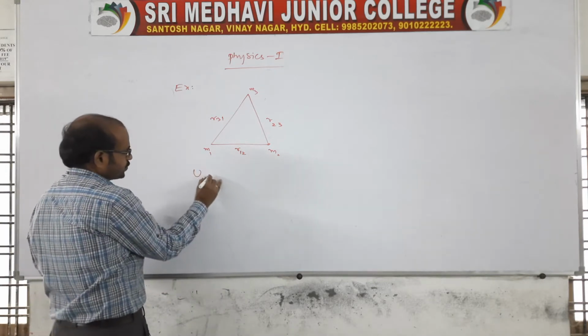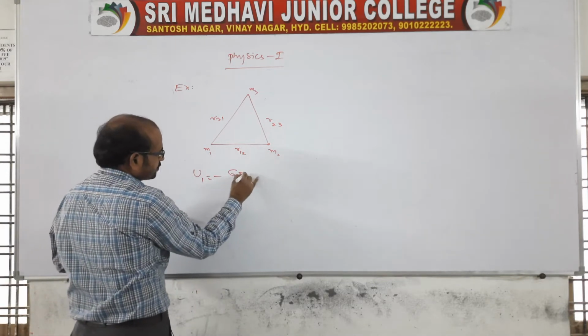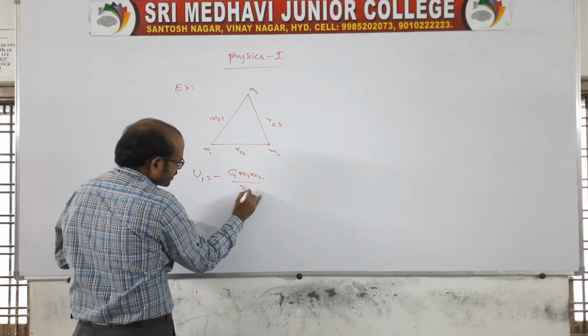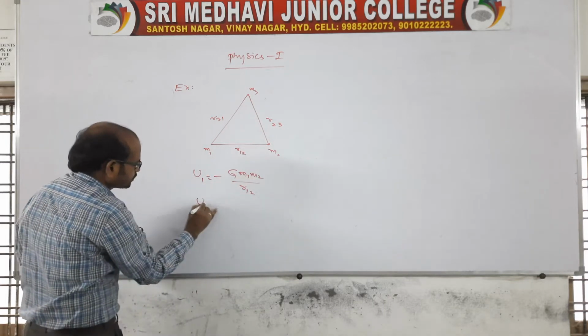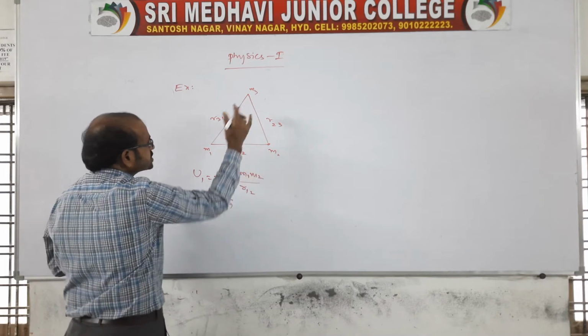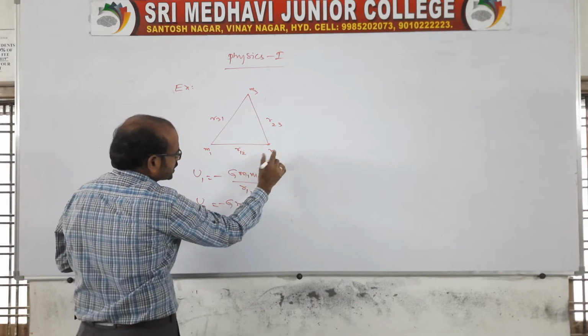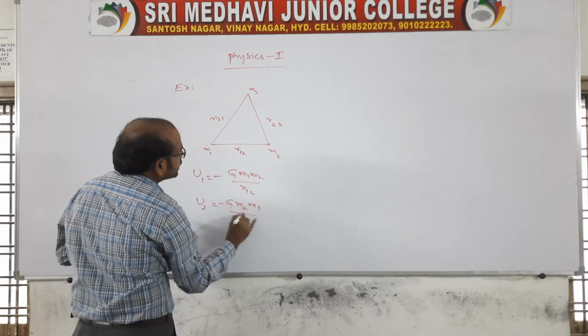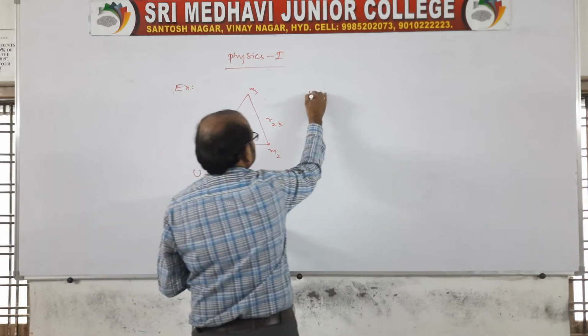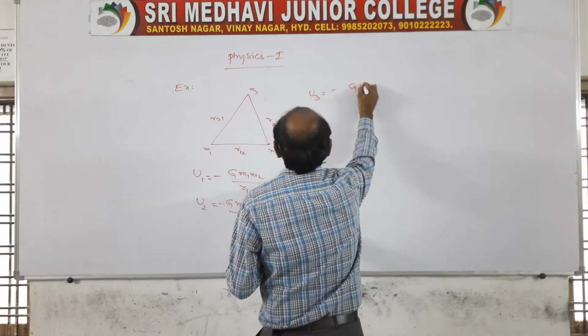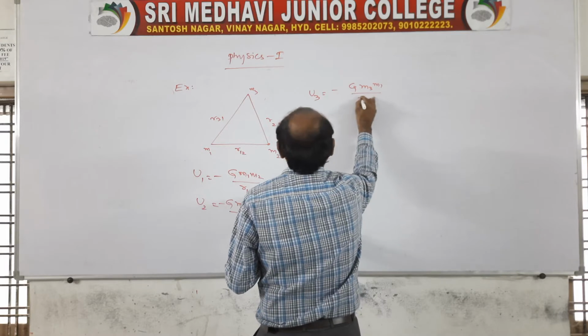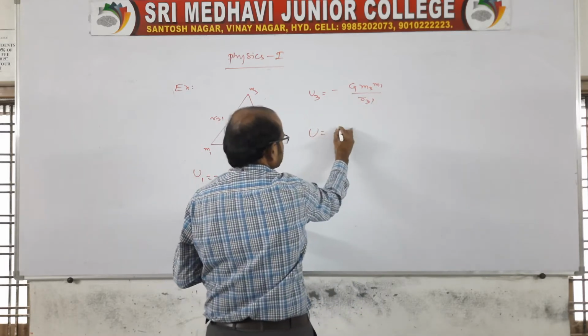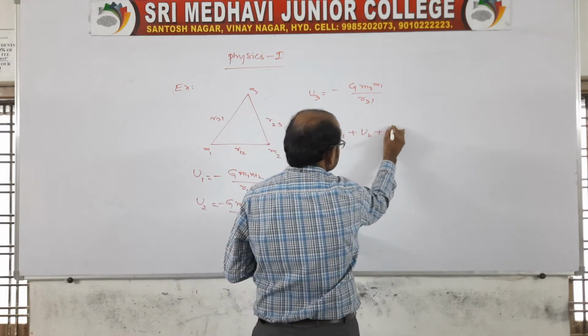So between these two, U1 is equal to minus G m1 m2 by r12, and between these two, U2 is minus G m2 m3 by r23, and U3 is equal to minus G m3 m1 by r31. Now total will be U1 plus U2 plus U3.